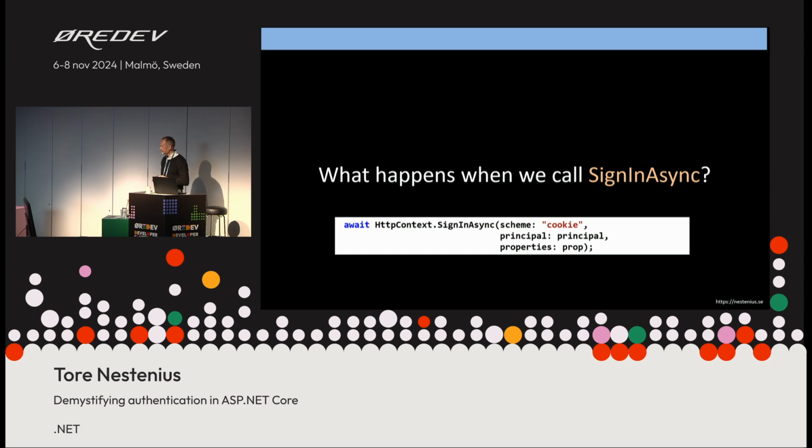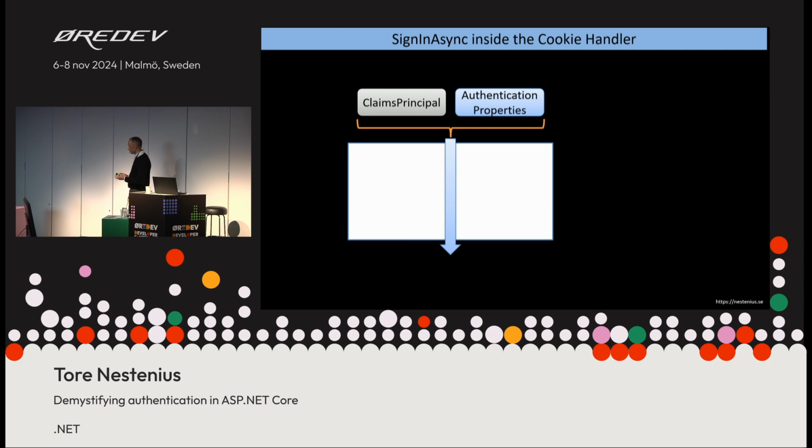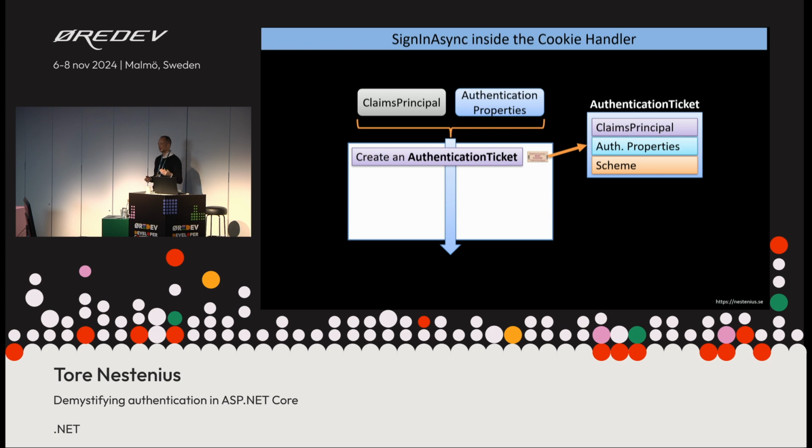a redirect? Yes. So what happens is we have our ClaimsPrincipal object and our authentication properties, and we take those two objects and place them in a new object, of course. We like abstractions. So we create an authentication ticket. I think you might have seen an authentication ticket. It's a container for the ClaimsPrincipal, the authentication properties, and also the name of the scheme that handled this sign-in.